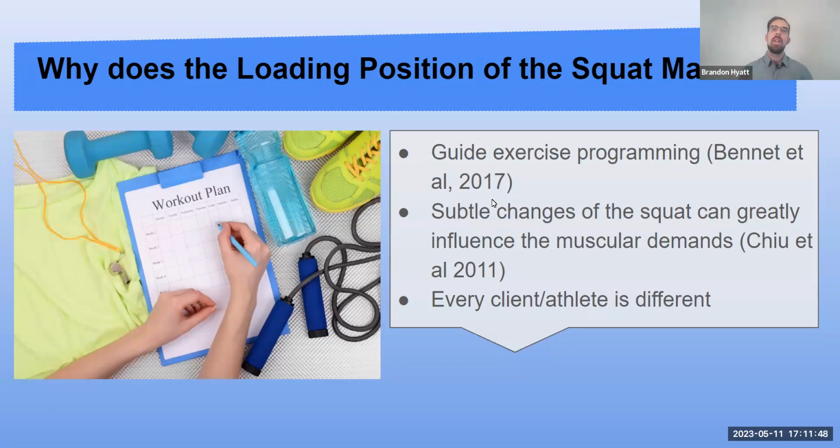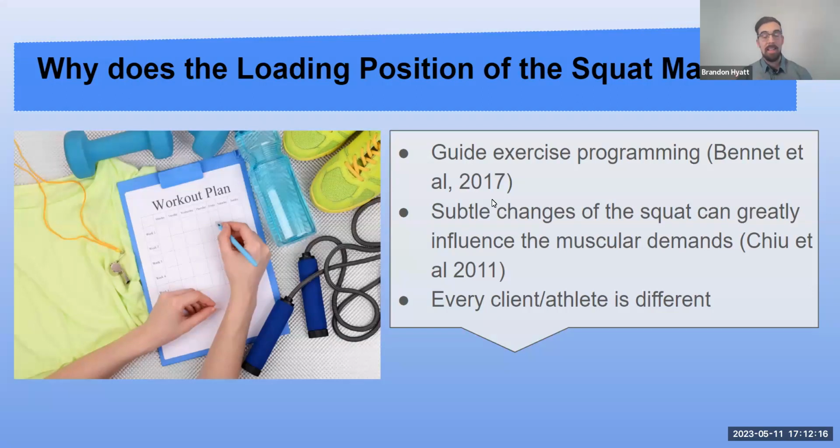So I want to take you on a deep dive in understanding how this one variable in exercise can make such a large impact and should not be overlooked. And we know that there's a lot of ways that we can modify a squat other than loading position, and those are all important. However, loading position should always be considered when we're programming a squat for a client so that the client does not have minimized training benefits or learn improper techniques or get injured.